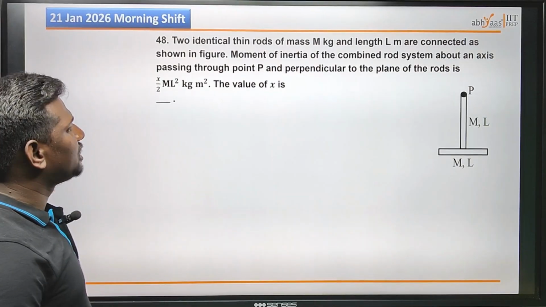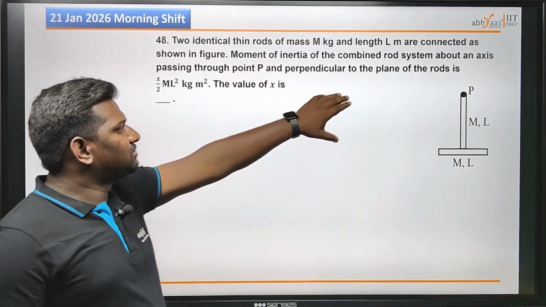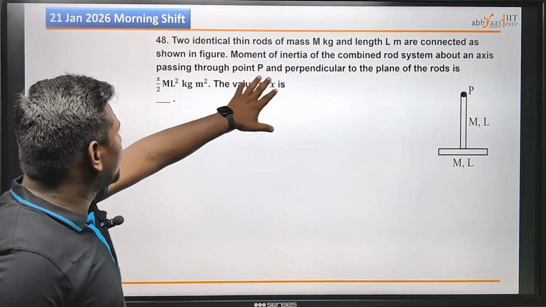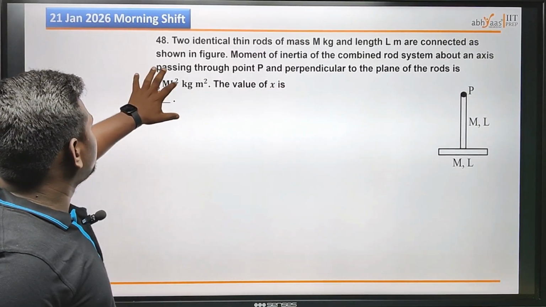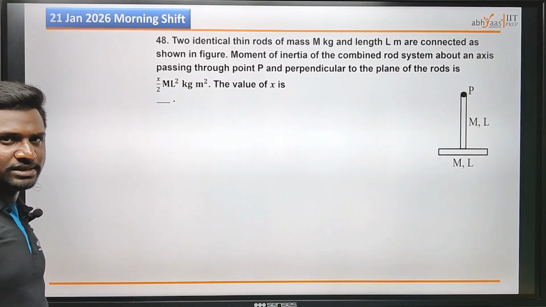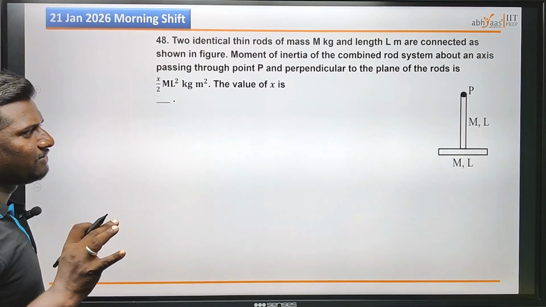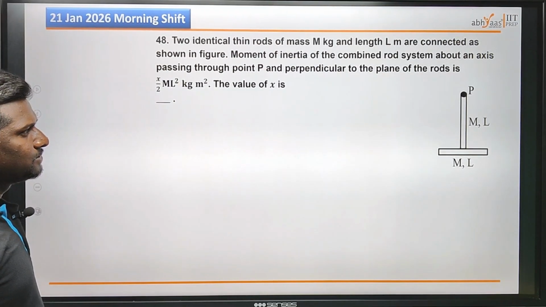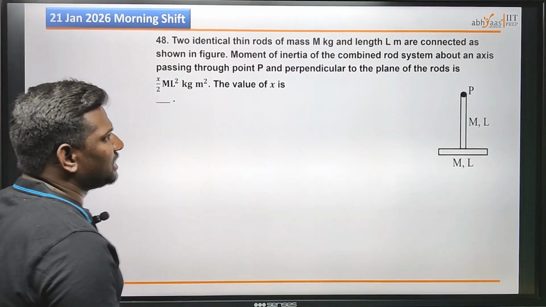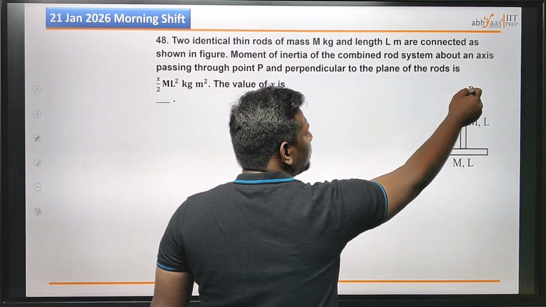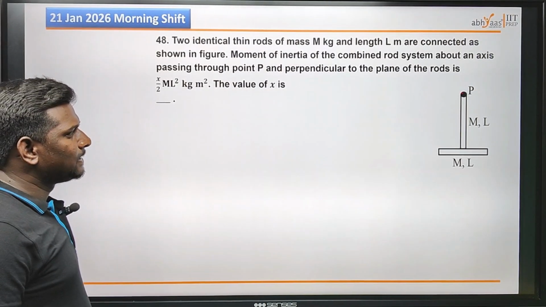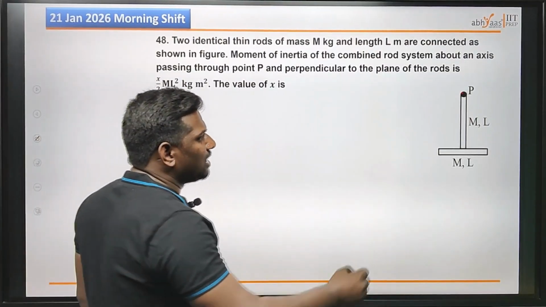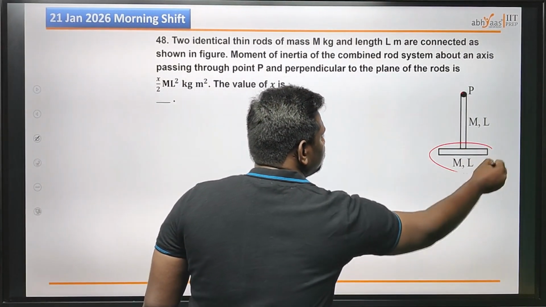So next one, see here, two identical masses they have given, a system. What they are asking, perpendicular to the plane of the rod. They are asking the value of x. Just they are asking moment of inertia. If you observe here, it is passing through the edge. So what is the moment of inertia for this one?